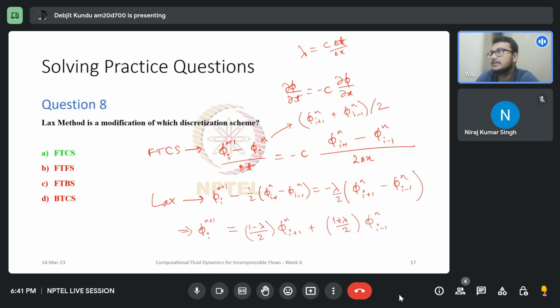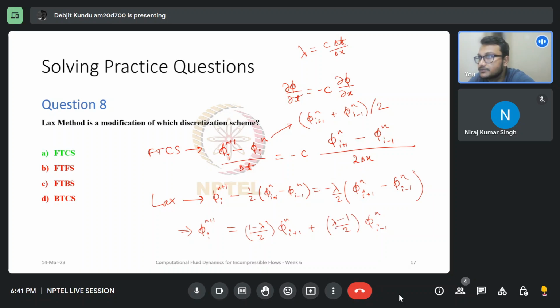Did I do this correctly? Let's check the math once. There is this c. Minus half, this goes that side. It's plus half minus lambda by 2. So 1 minus lambda by 2. And for this one, minus minus plus, it becomes minus, so it's wrong. So this will be lambda, this is plus, and this will be minus when it comes this way.